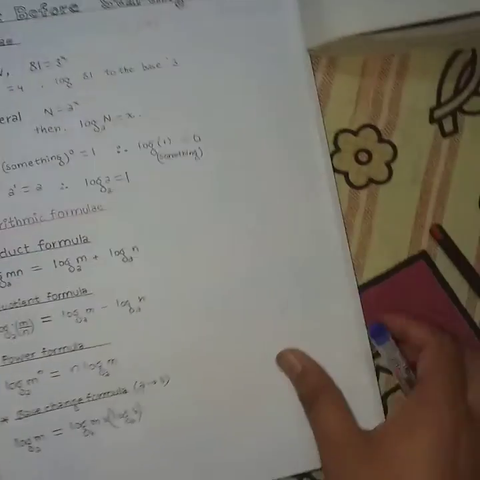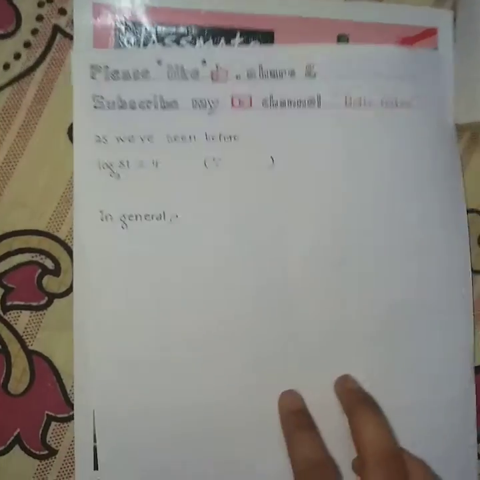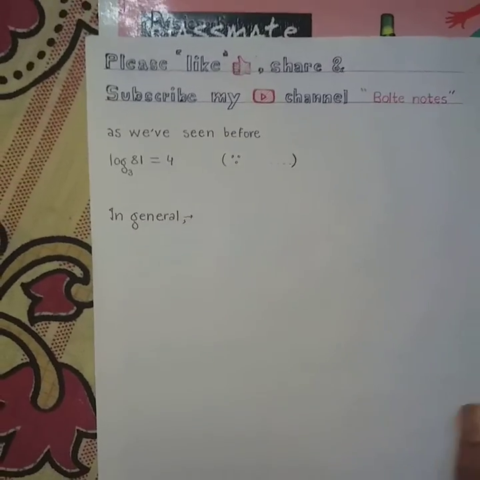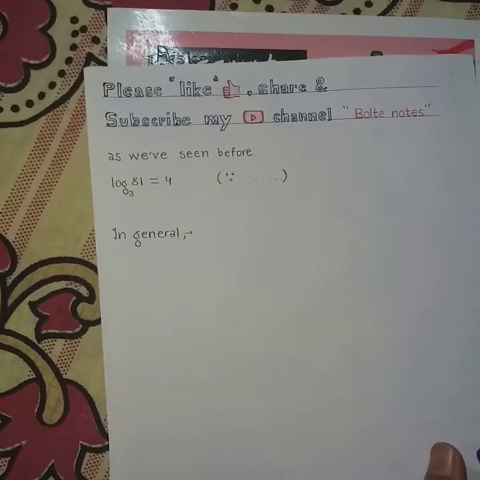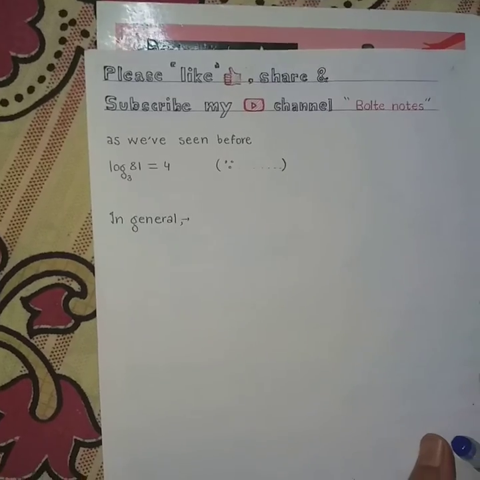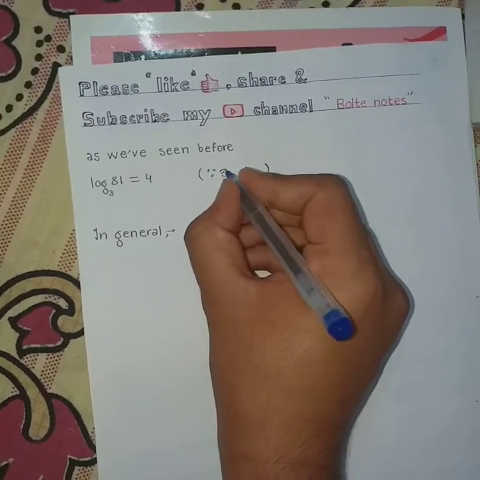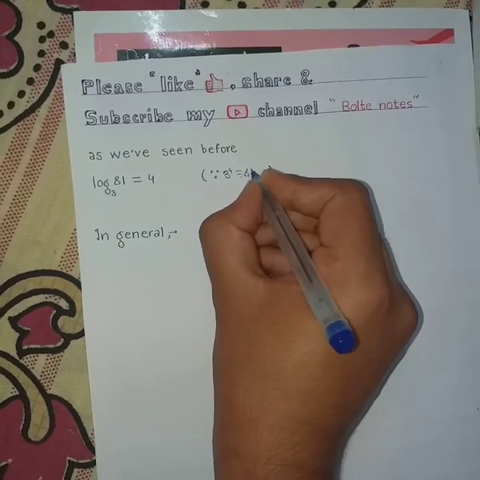Now, further moving, as we saw before, log 81 to the base 3 is 4, since 3 to the power 4 is 81.